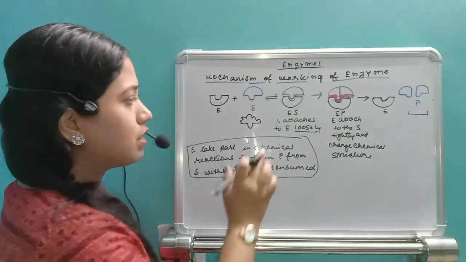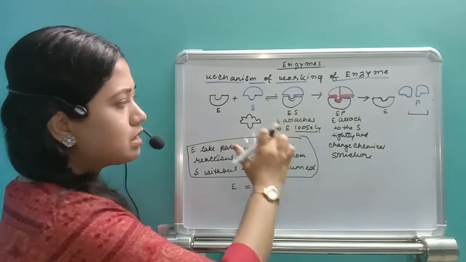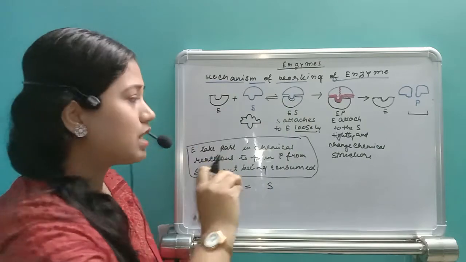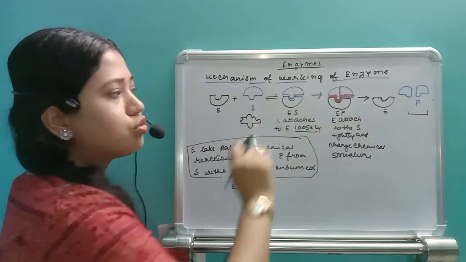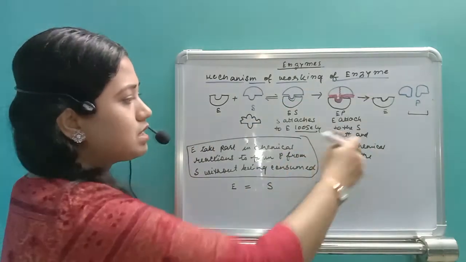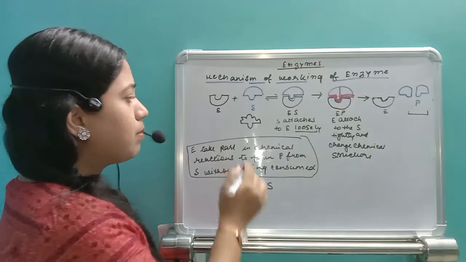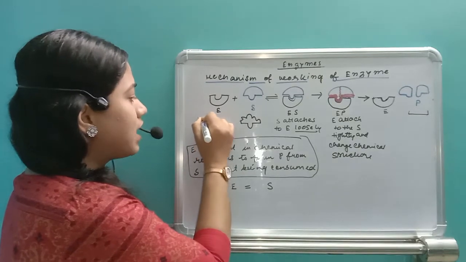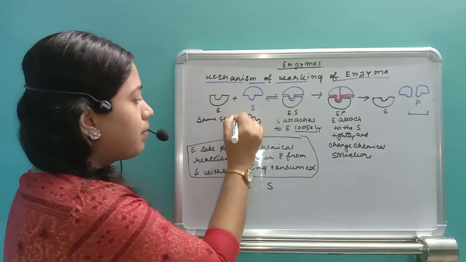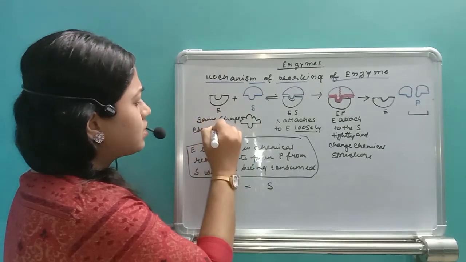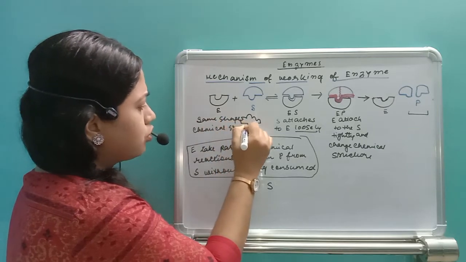They will form some intermediate stage, but they will not go further. The next EP stage it cannot reach. Only the substrate can be added. So maybe other compounds will have the same shape, but obviously their chemical structure is going to be different.